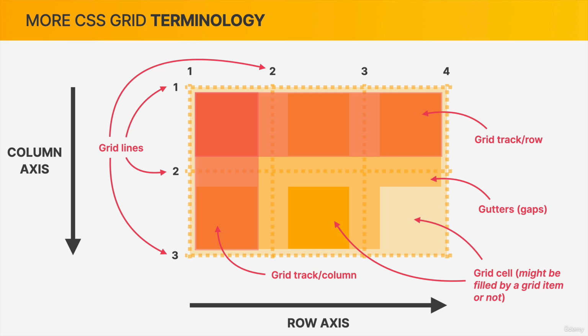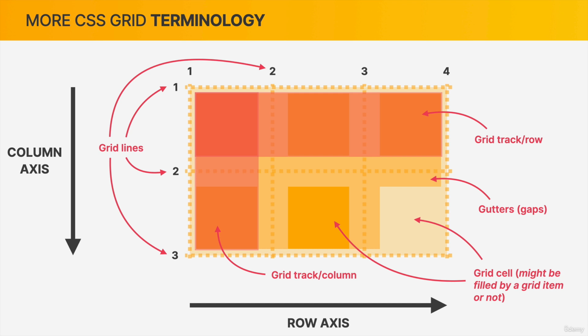And we call these tracks because these concepts are more about the space itself and not about the grid items. So a little bit like a grid cell, right? So remember, a grid cell might be filled by a grid item or not, but what matters is that there is some theoretical space. And the same applies to the grid track.